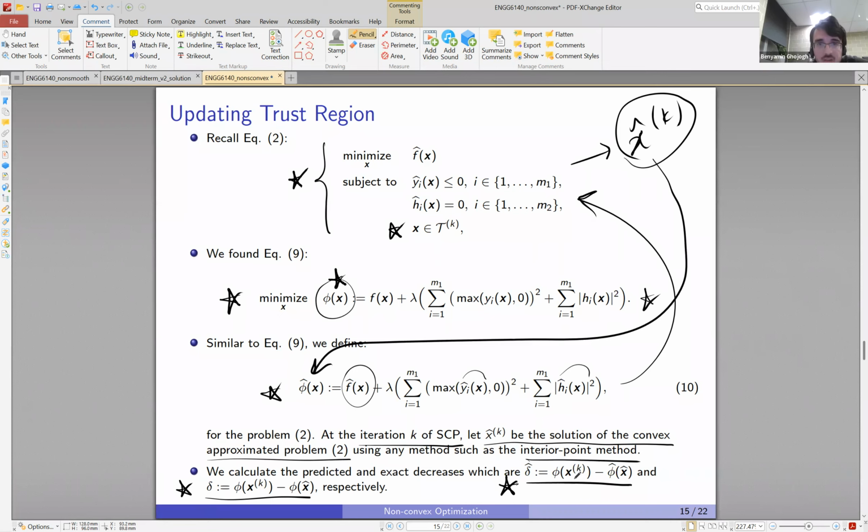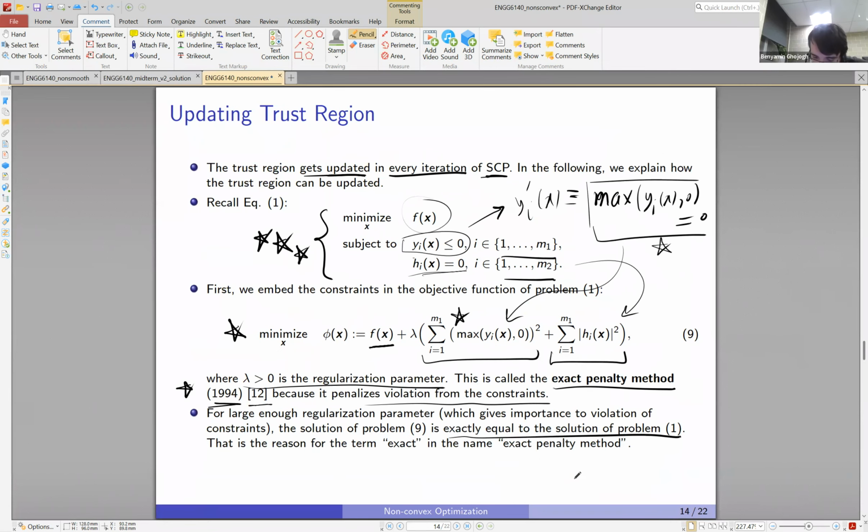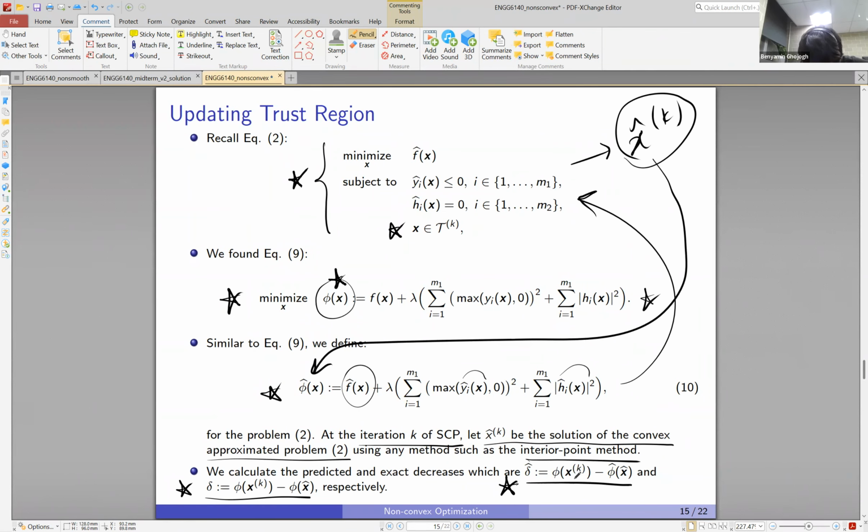It's a solution to the actual optimization problem at iteration k. What is x hat? X hat is a solution to this approximated optimization problem. Phi hat is defined here. But the difference is that in delta hat, we have phi hat of x hat in the second term. In delta, we have phi of x hat. So we are feeding x hat to the phi here. This is the difference between these two.